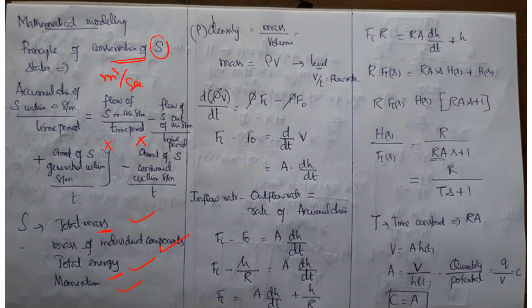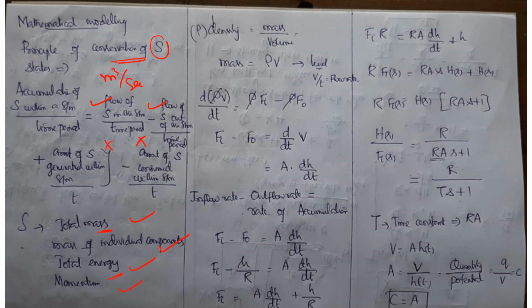For a temperature system, we can say the amount of heat generated or consumed. But for liquid level system, we have only these kinds of parameters. So to do the mathematical modeling, we take the help of this equation, the principle of conservation of any quantity. In liquid level system, we take the quantity as total mass.